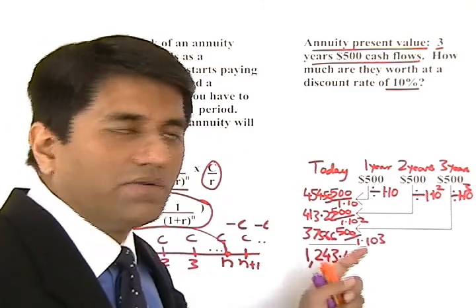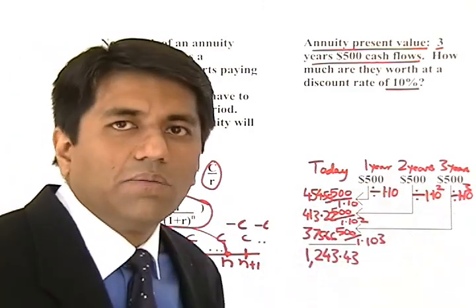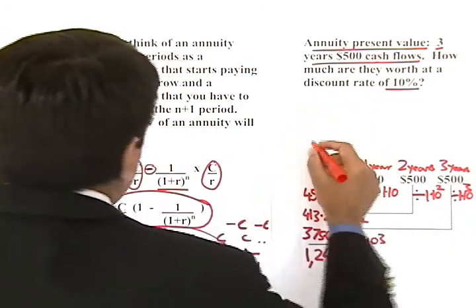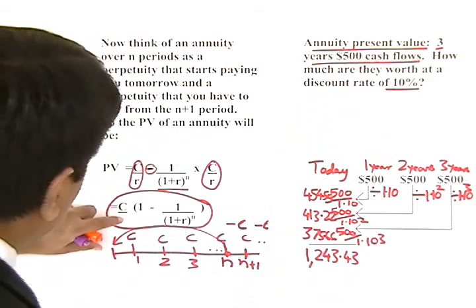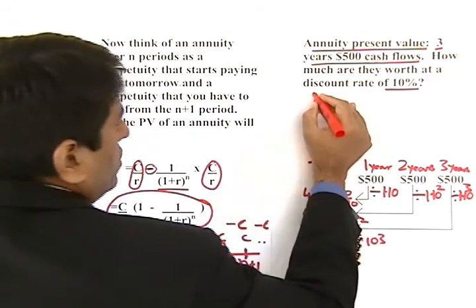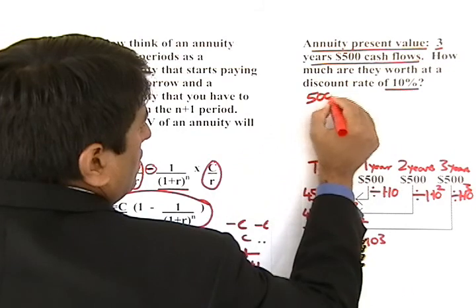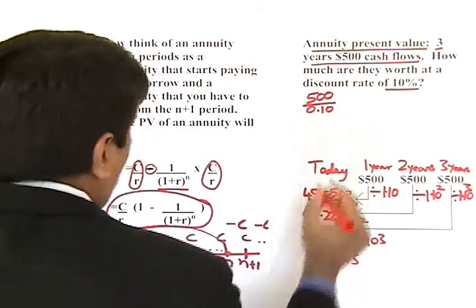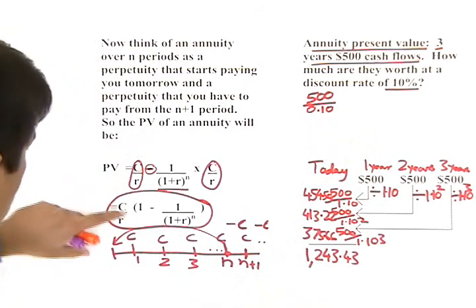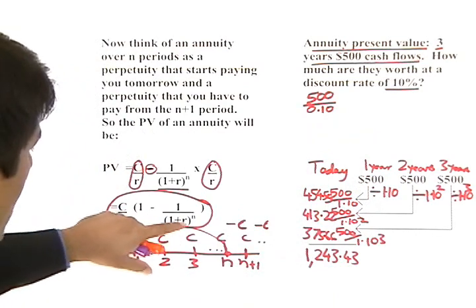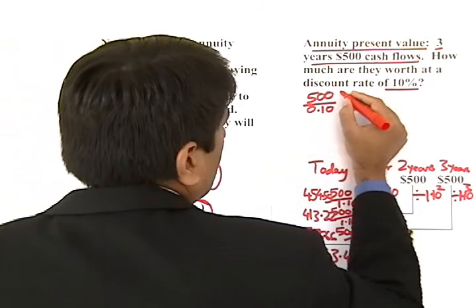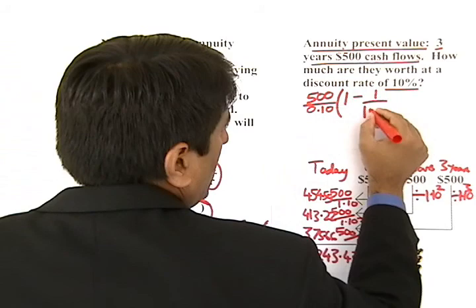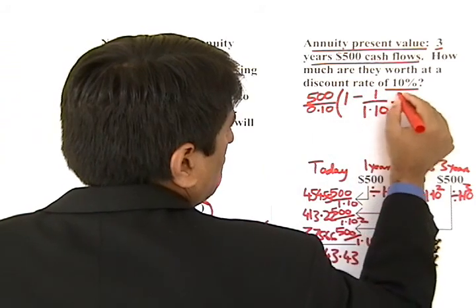Now we are going to find the value of this annuity by applying the annuity formula. By the annuity formula, we have C by R, so that is 500 divided by 0.10, into 1 minus 1 plus R to the power n. So that will be 1 minus 1 divided by 1.10 to the power 3.